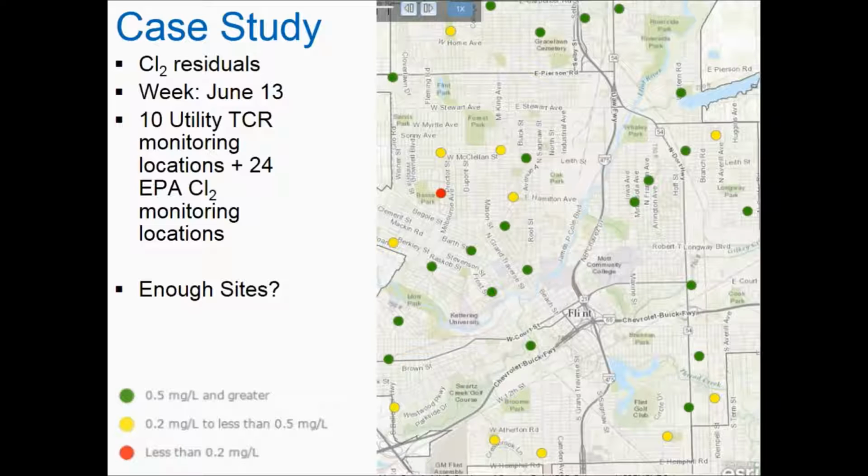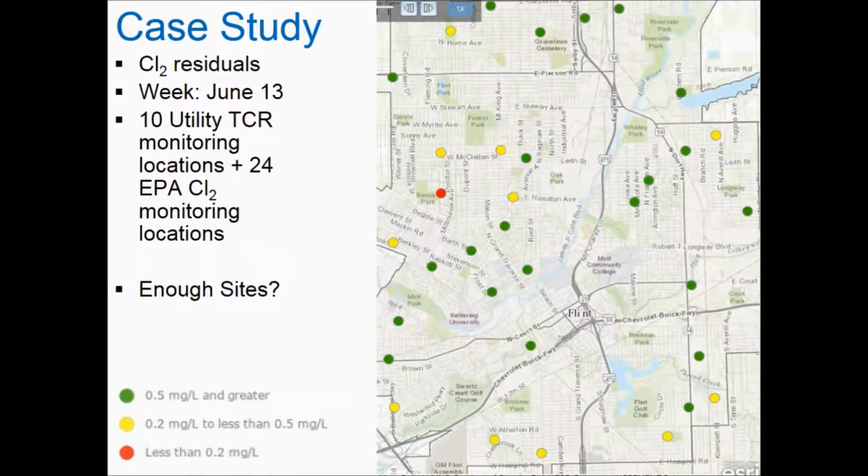I'm not going to answer that question today because I don't think there's a single easy answer, and that's certainly up to states to decide. But I think this data at least shows that you can definitely learn more information from having more sites, and specifically see what's happening in areas where people are consuming the most water.